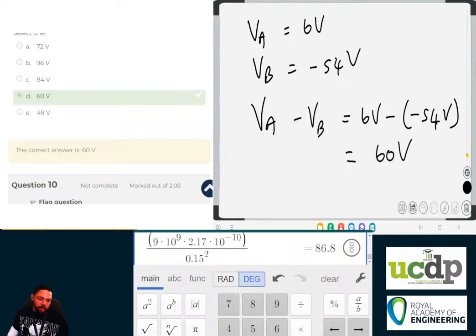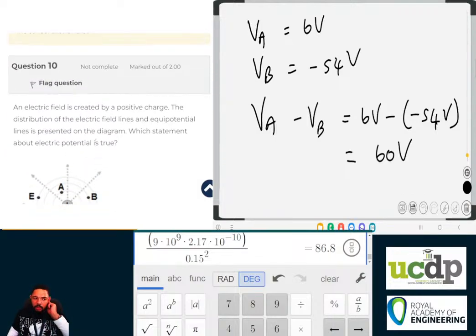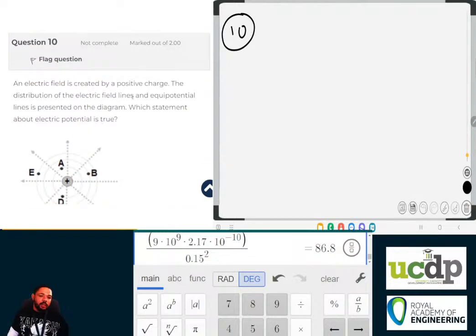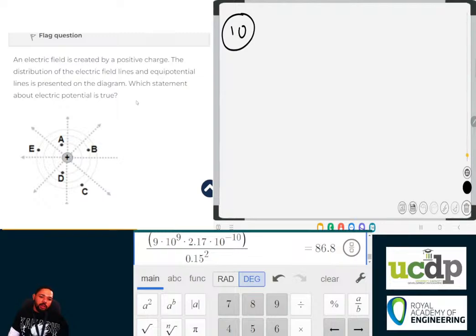Last question for today. I know it's quite a lot and I don't like doing all of these problems. Okay, so question number 10. This is a fun one. An electric field is created by a positive charge. Here is the distribution of the electric field lines and the equipotential lines, meaning where the potentials are exactly the same.